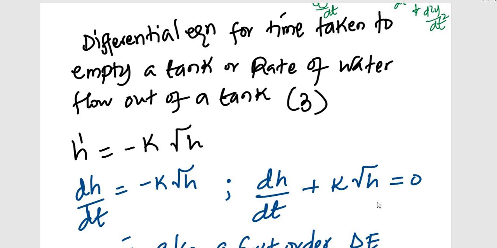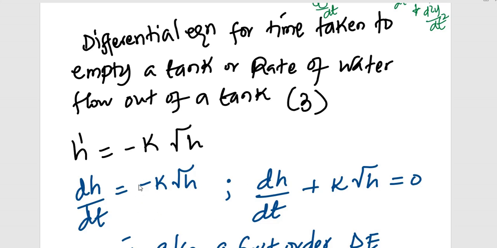What about another scenario? The differential equation for the time taken to empty a tank, or the rate of water flow out of a tank. According to how this problem is solved, it is found that the rate at which the water is flowing is equal to negative k square root of h. So dh/dt is equal to negative k square root of h.